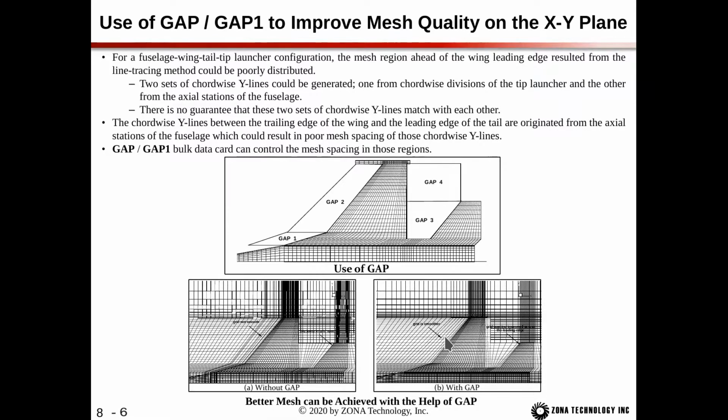So the gap in front of the wing here, we can manually line up the lines from the launcher and the body so that we have a nice smooth looking mesh. And then back here, we've redistributed the spacing of these lines so that we get a smooth growth. We have small boxes here from the tail, and then they grow larger to get large, and then once again they grow smaller to get back to the size of the aft size of the wing. So this is a much better mesh.